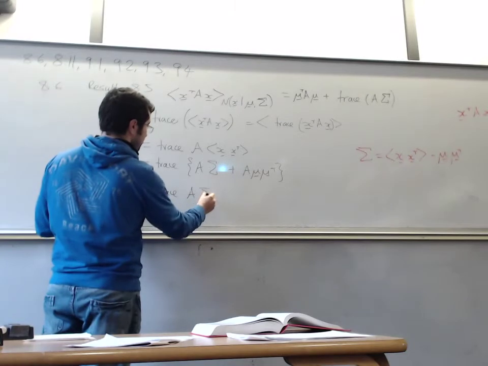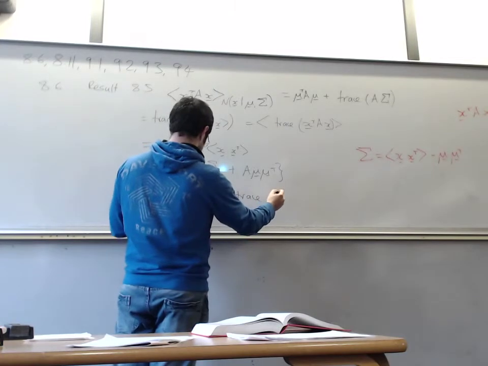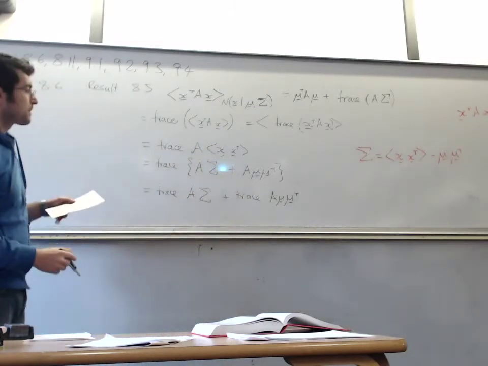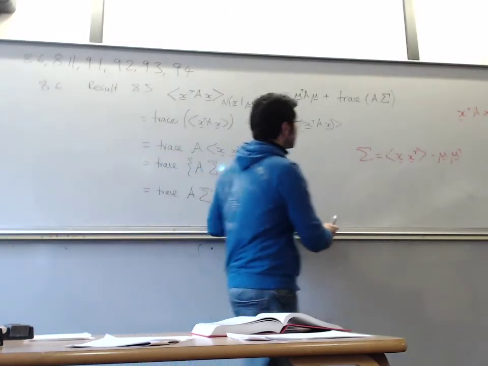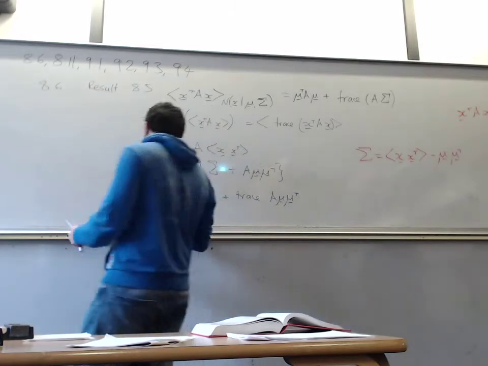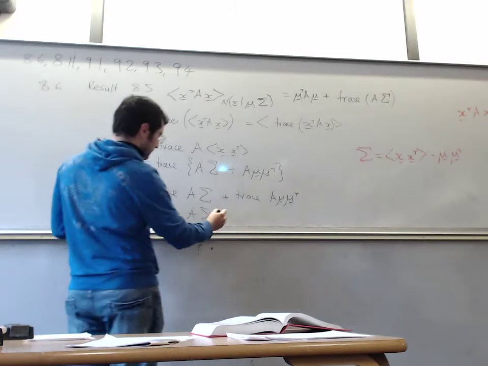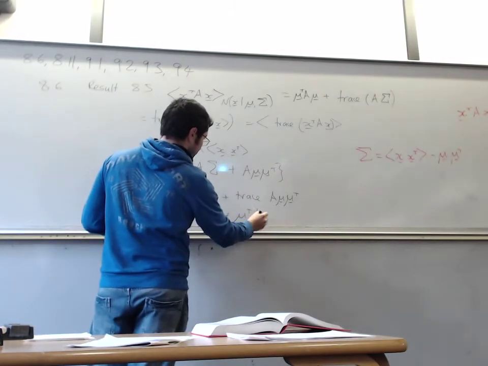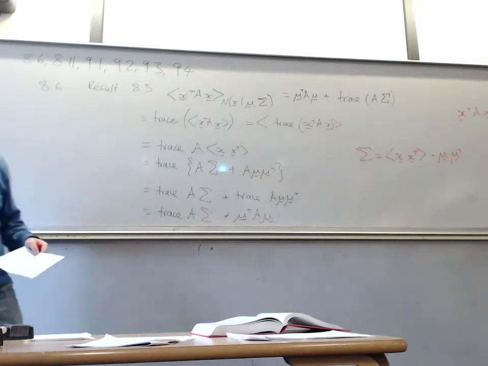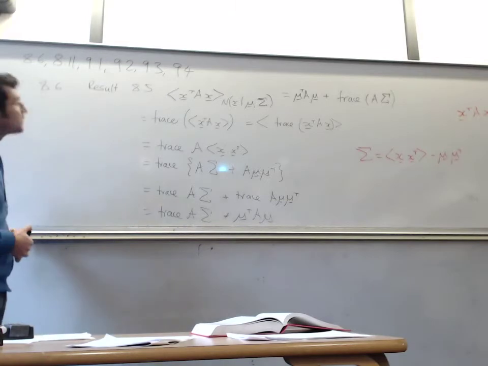Again, because trace is just adding up the numbers, I can separate these out into two separate traces: trace A sigma, and trace A mu mu transpose. But I just use this fact again, and I could write this as trace A sigma plus mu quadratic form, and that's result 8.5. Question 8.6, result 8.5.